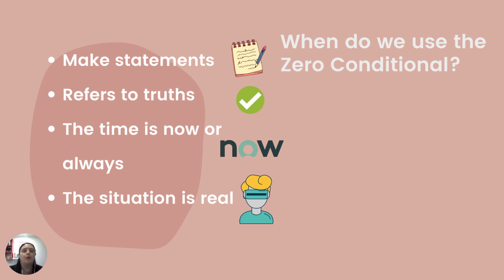Remember that when we were talking about the simple present rules and when we use them, we talked that we use simple present to talk about things that are always true, about routines, about facts that always happen, and so on. So these rules also happen in the zero conditional. So keep that in mind. That is the reason why we use simple present tense.